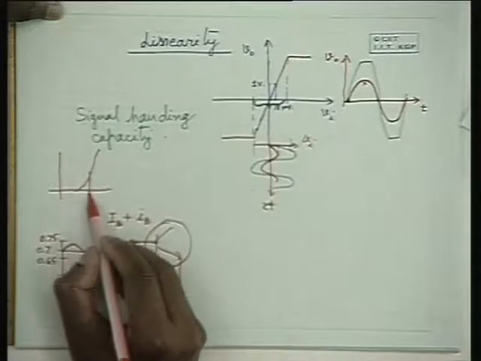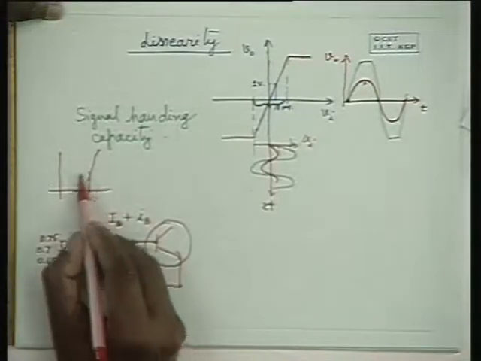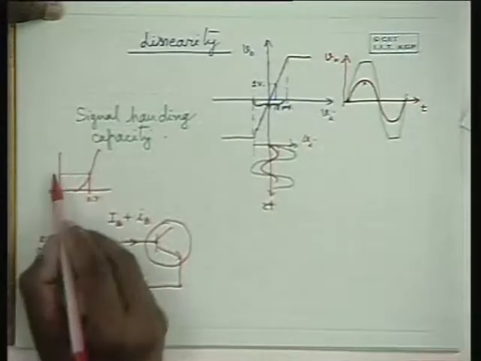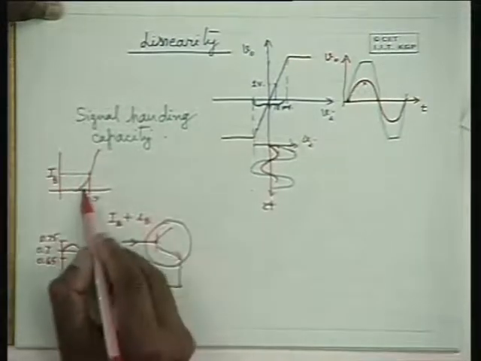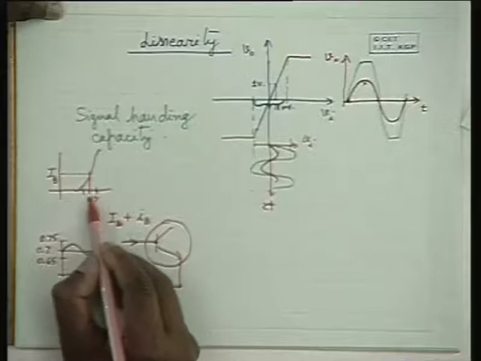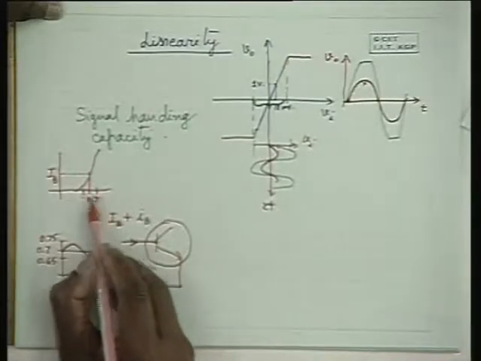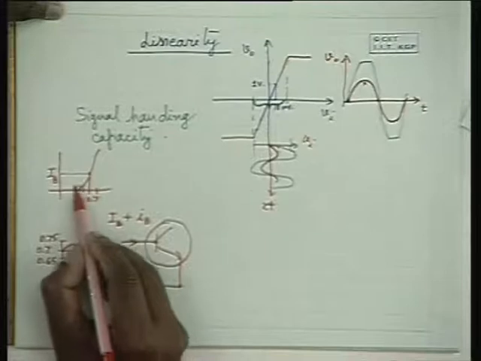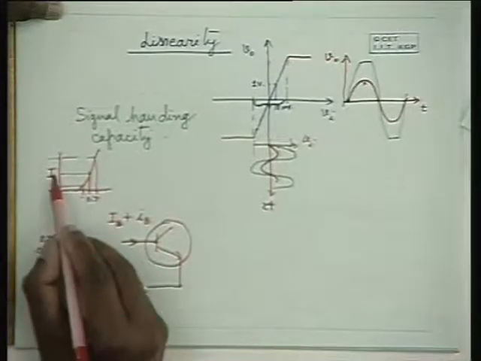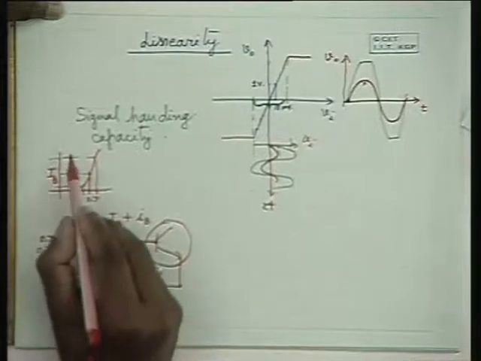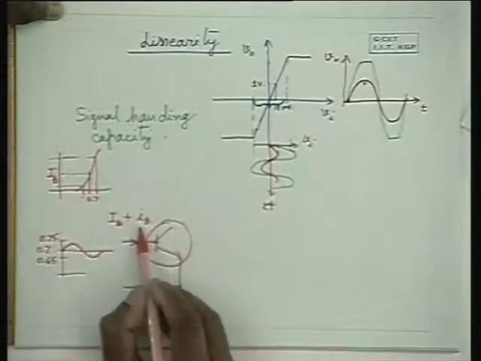If you are operating it here at 0.7 volts, this is the base current, DC base current IB. Now, when this is varied from 0.65 to 0.75, the current will vary from this current to that current. So it is equal to fixed current plus some alternating current, small ib.